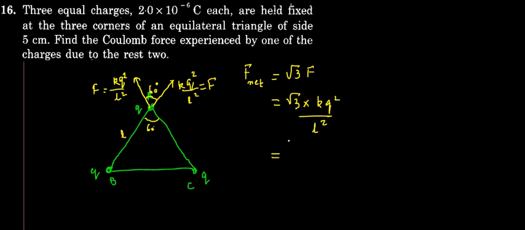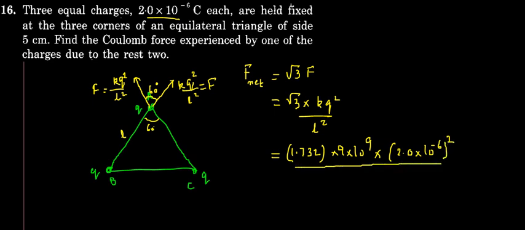Let's substitute the values. Root 3 is 1.732 roughly, an irrational number. K we take as 9 times 10 to the power of 9. Each charge has a magnitude 2.0 times 10 to the power of minus 6, and you take the square.